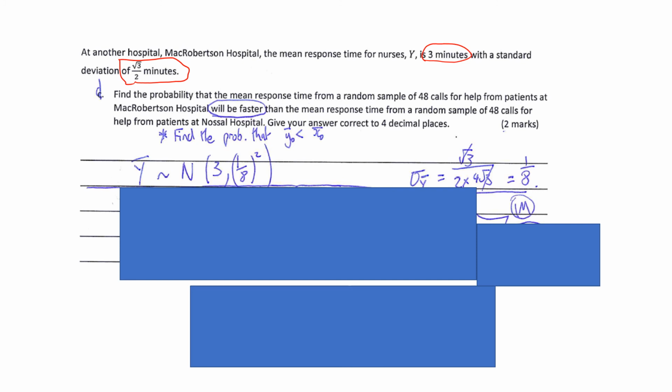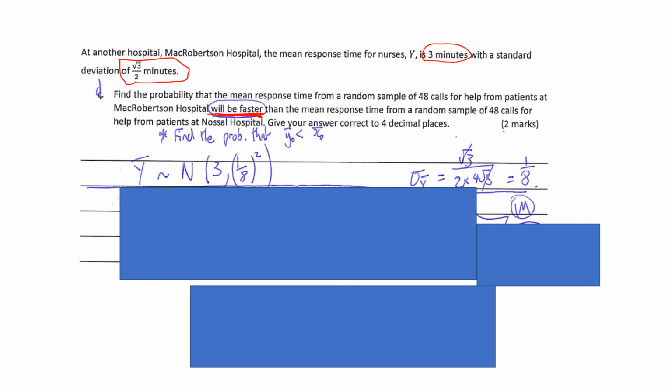D, find the probability that the mean response time from a random sample of 48 calls for help from patients at McRob Hospital will be faster, that is, smaller, than that from a similar random sample of 48 calls from patients at Nossal Hospital.